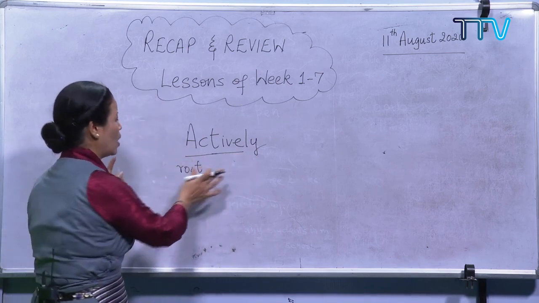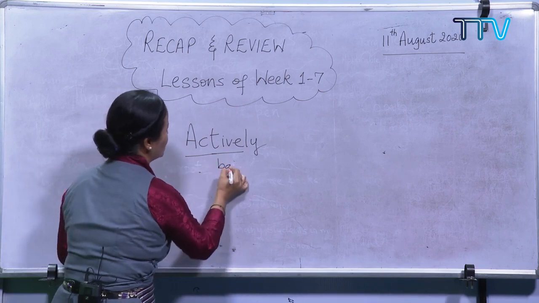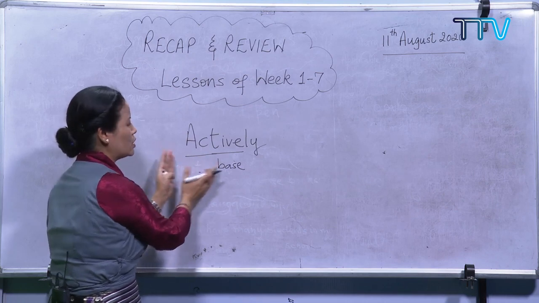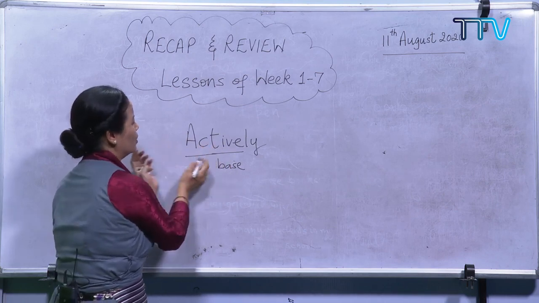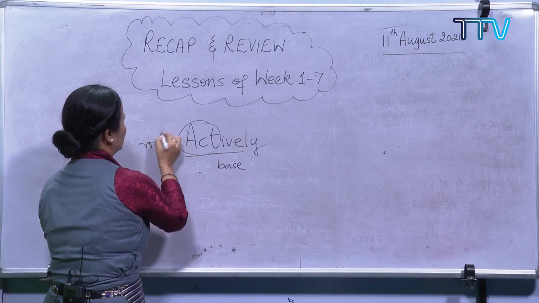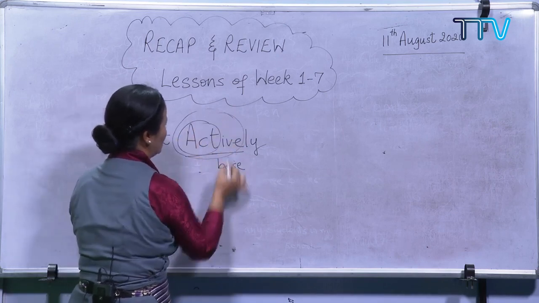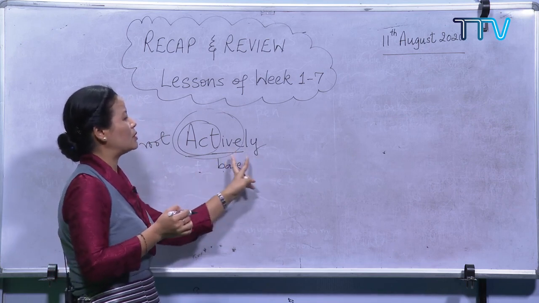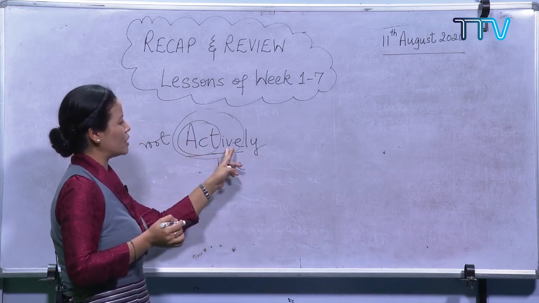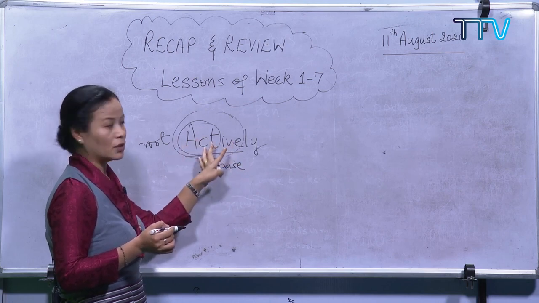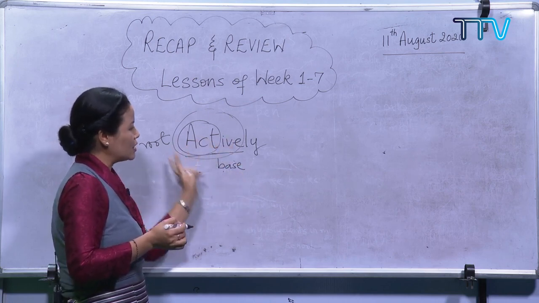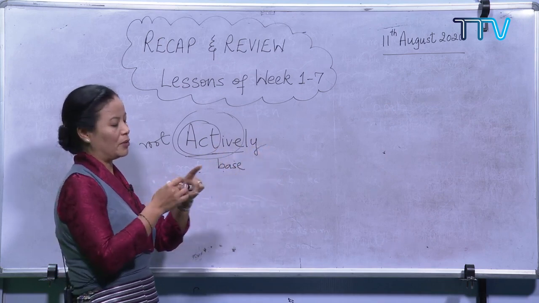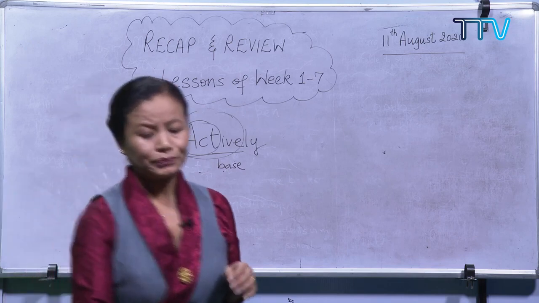Active now is the base word, because we can still break it; the root is act. So act is the root word, and active is the base word on which we add the suffix -ly, actively. Double suffix: when we add -ive to act it becomes active, another word, and active is the base when we add the suffix -ly. I remember giving such examples.